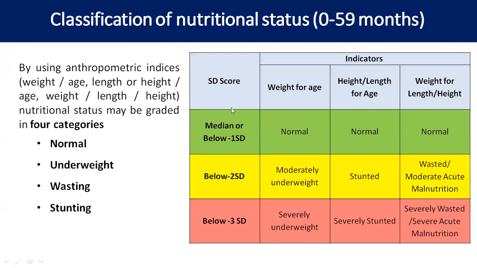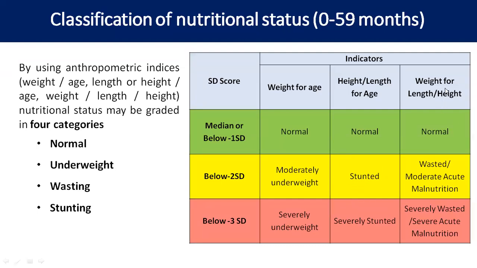If the SD score falls between the median and less than -1 standard deviation, then they fall in the green zone, which is normal. If the weight for age is less than -2 SD, we classify them as moderately underweight. If the height for age is less than -2 SD, we classify them as stunted.